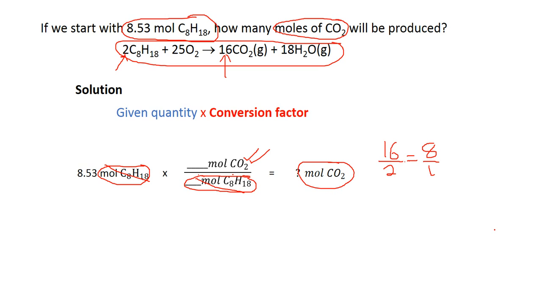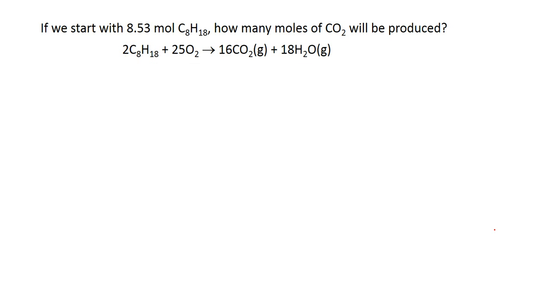So let us put the numbers in and see what we are going to get. So I'm just writing the same problem again. This is our 8.53 mole of octane times the conversion factor. So we said here we put 1, here we put 8, which means for every 1 mole of octane there are 8 moles of carbon dioxide being produced.